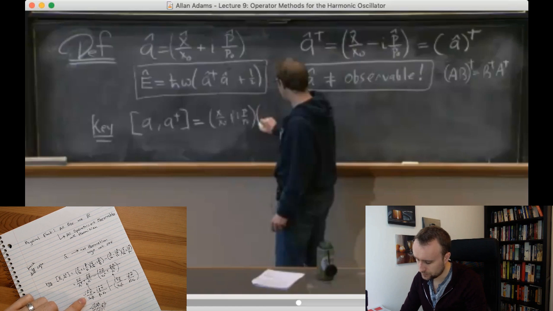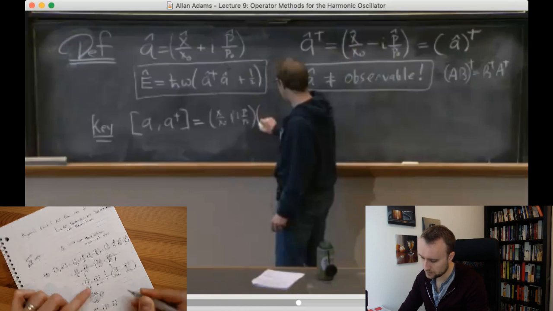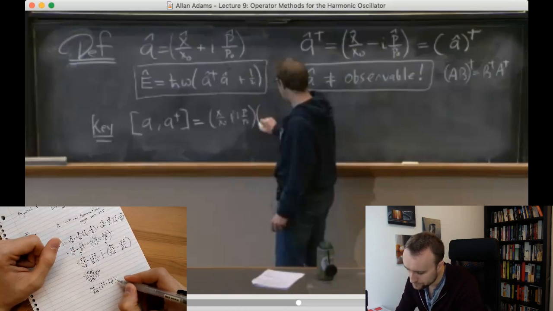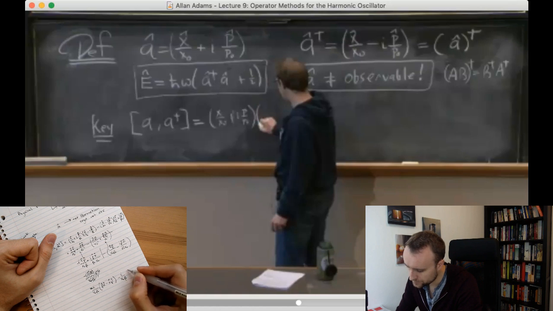So if I have I x0 p0, let's just do this. I have p hat x hat minus x hat p hat. And then I have same thing here, minus I 0 p0.